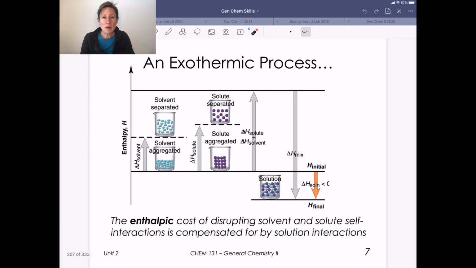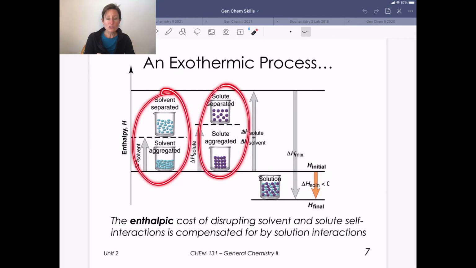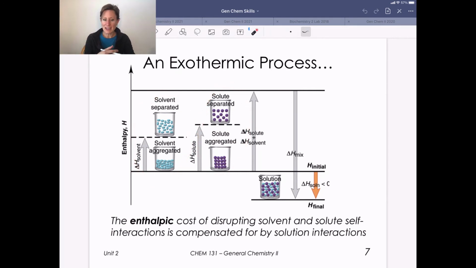Okay, so let's look at a couple of pictures to explain this. If we had something that was exothermic, that meant there was extra heat after our process was done, extra energy that was given off as heat. So let's look at this picture here. Here we've got a solvent and a solute that we're going to try to mix together. We just talked about it being costs to separate solvent particles from each other and solute particles from each other. Now remember, this is not what physically happens.